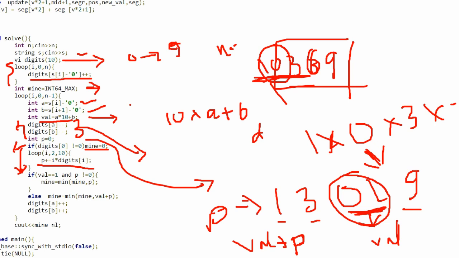Suppose that the given number was of only two digits. So in this case, the value of p would be 0, as there is no other one digit number.